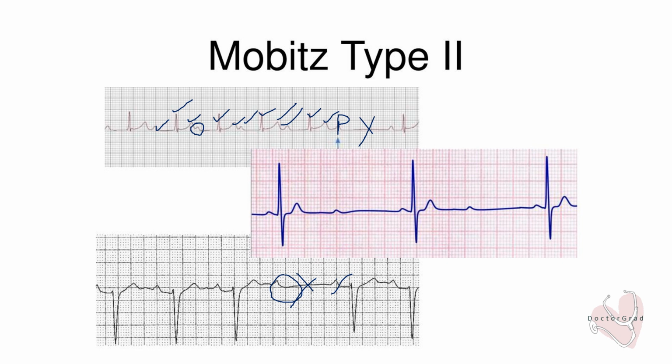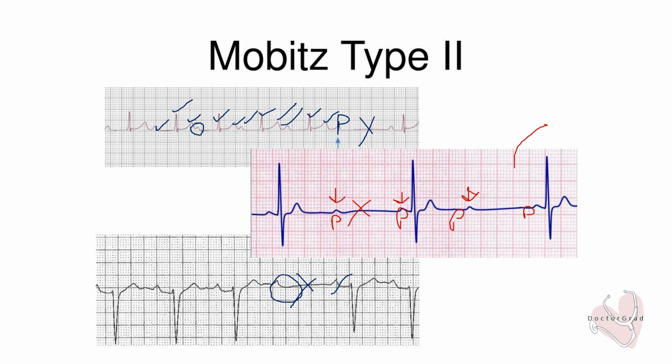Here this P is conducted, this is conducted, but this P is not conducted. Okay. This P, QRS, T. So again, there is this P, but that has not been conducted. Now this actually means that there is one P, no QRS, again a P, QRS, again P, no QRS, again a P, there is QRS.